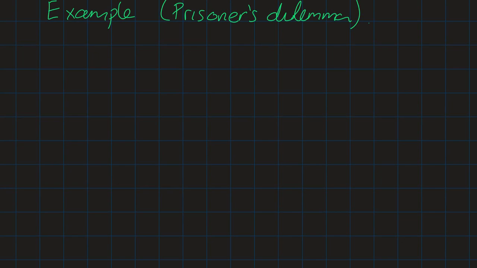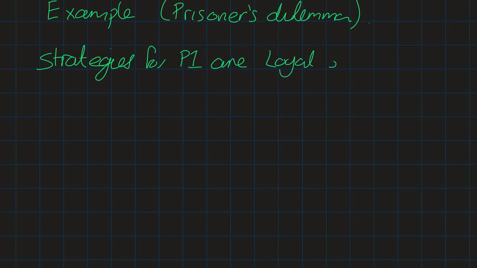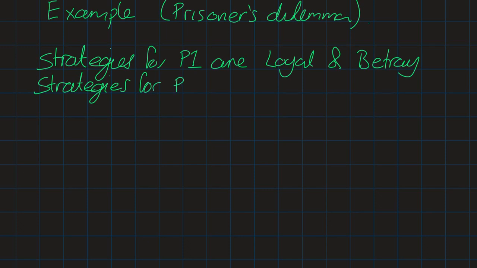Well, we know that the strategies for player 1, and I'm just going to use shorthand, P1 is going to be shorthand for player 1, are to be loyal and betray. These are the strategies available to player 1. And similarly, in the prisoner's dilemma, player 2 has the same strategies available.